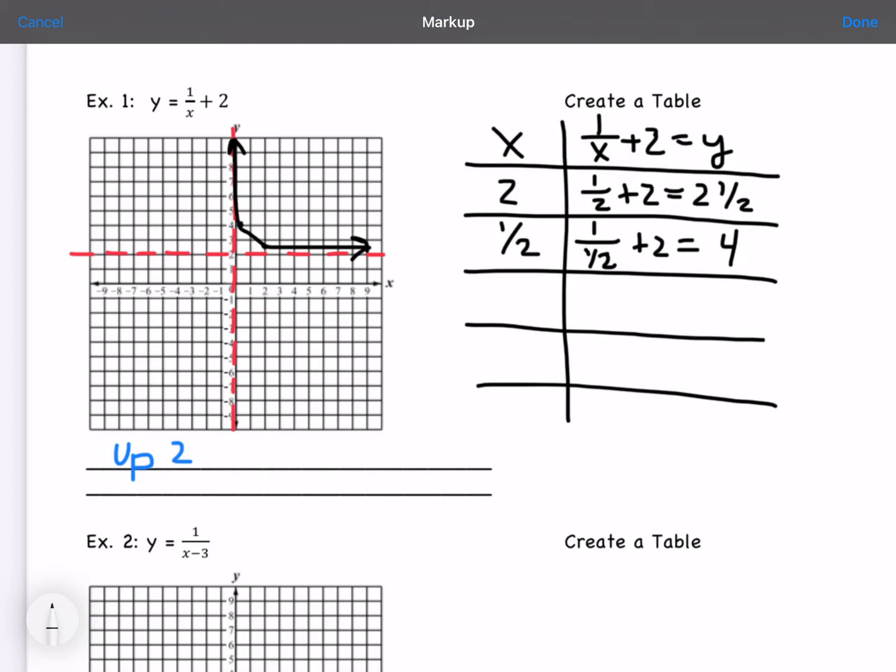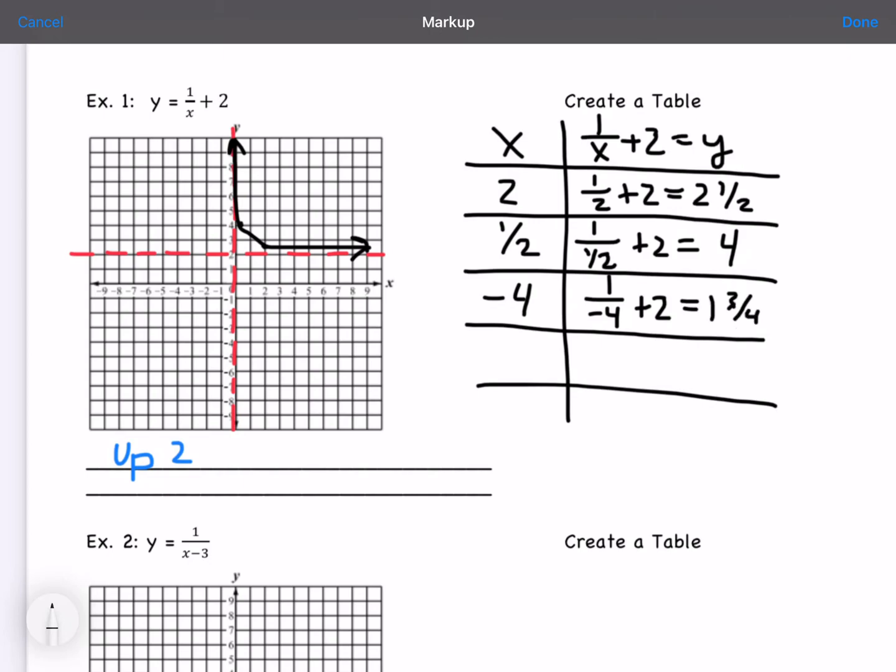And then Kylie, can you pick a negative number? 4. So -4, okay. So when we plug in -4, we get 1 over -4 plus 2, which puts us at 1 3/4.